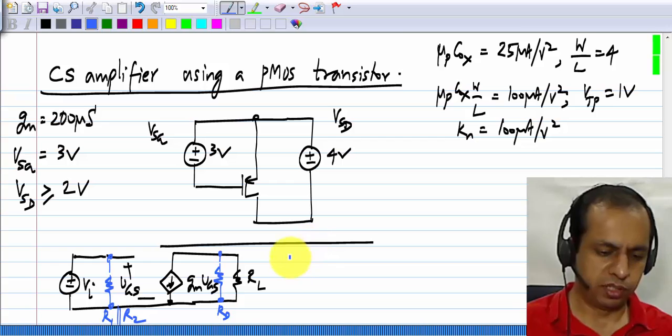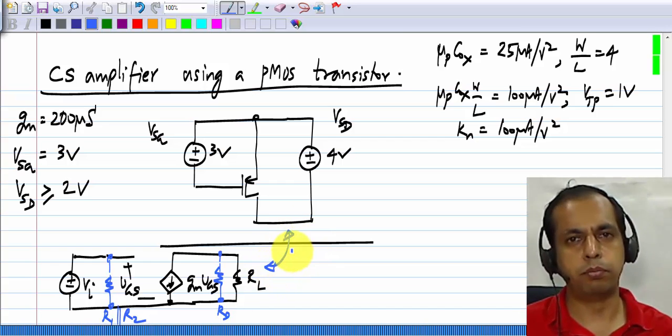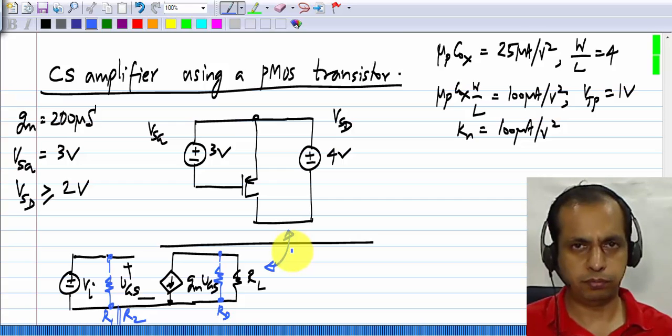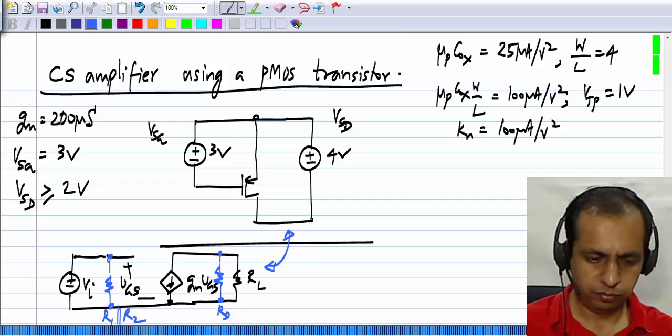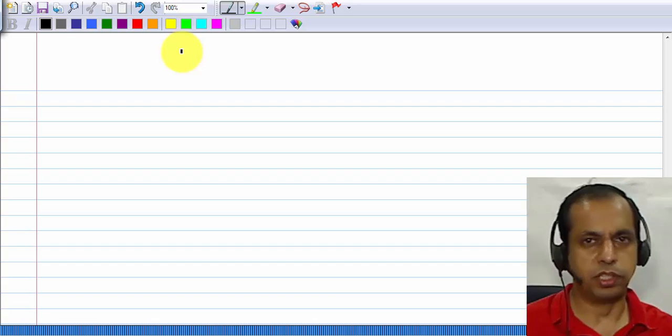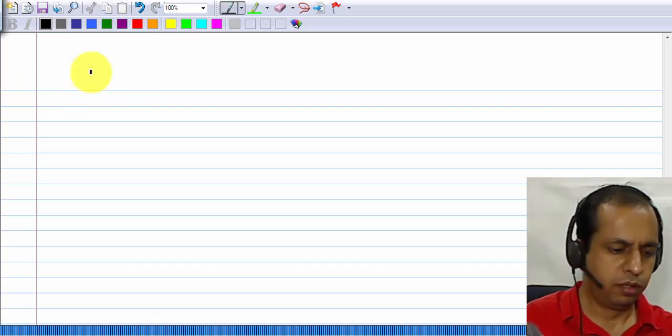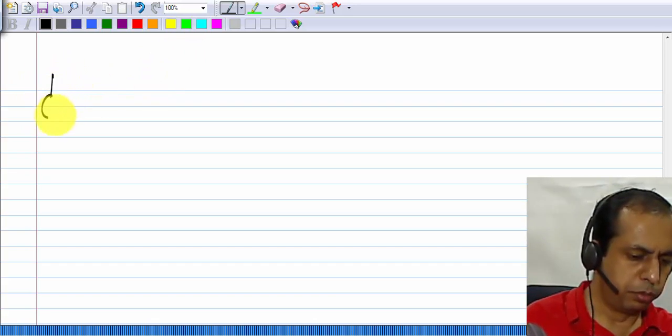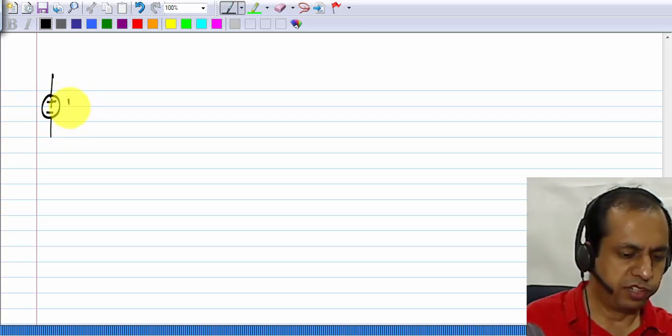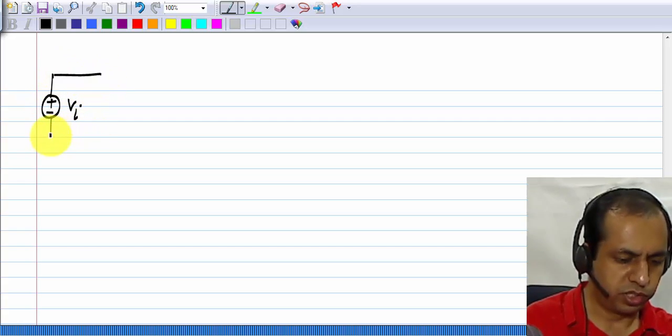So now the question is how to combine this signal picture with this operating point picture. We've already gone through this, so that's why I'm going to go a little quick, but you should be able to again follow the same logic that we did with the NMOS common source amplifier.